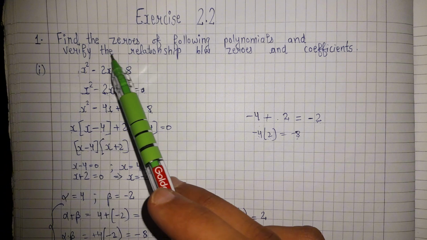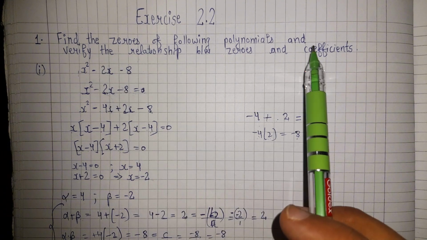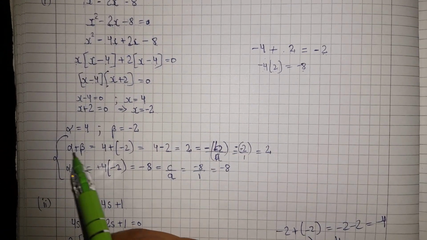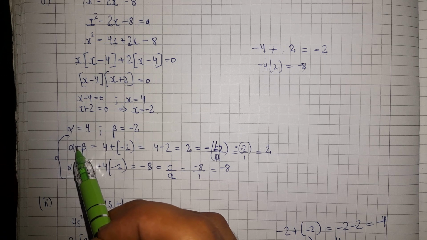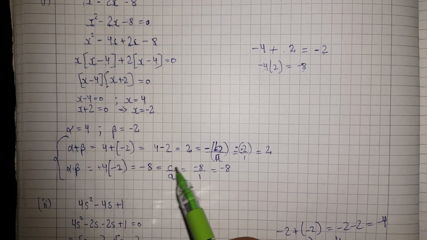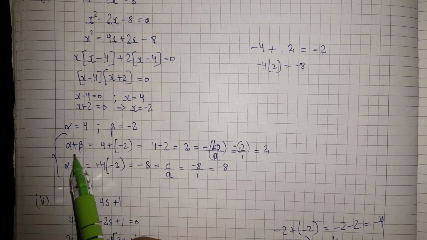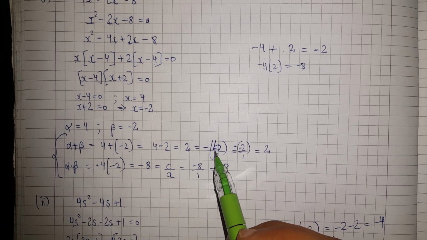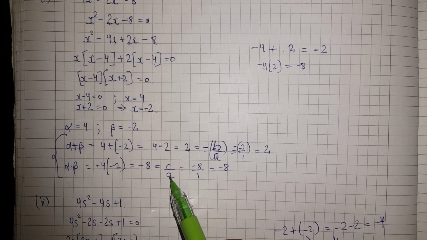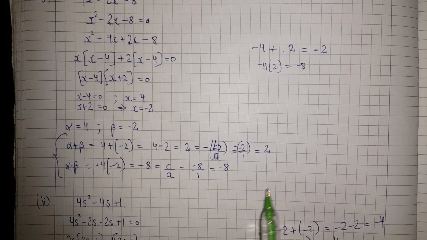Now for verifying the relationship between zeros and the coefficients, we have to do addition. Sum of the zeros is equal to 2 and product of the zeros is equal to minus 8. Sum of the zeros is equal to minus b upon a, and product of the zeros is equal to c upon a. So hence proved.